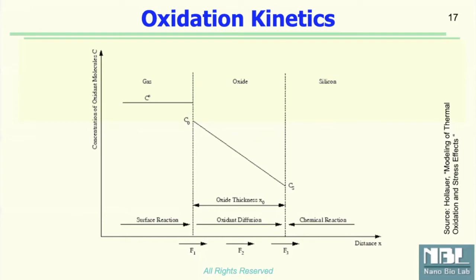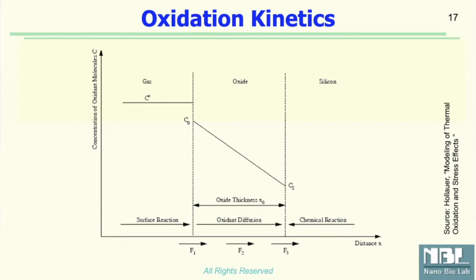When the oxidation starts, the reaction is only at the surface. But once it becomes thick, there is a diffusion regime where oxygen has to diffuse through the existing silicon dioxide, and then it gets to the chemical reaction at the interface; first it has to diffuse through and then result in oxidation.